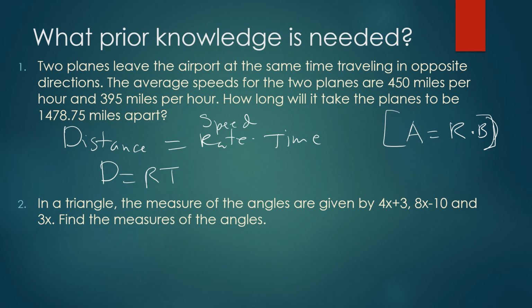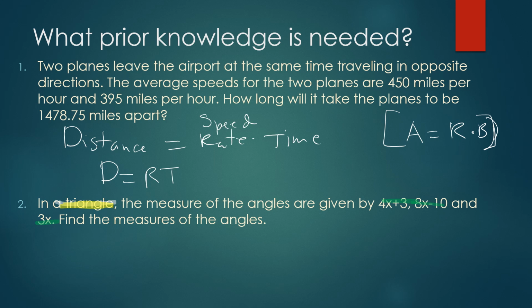In the last problem, in a triangle, the measures of the angles are given by 4x plus 3, 8x minus 10, and 3x. Find the measure of the angles. What do we need to know about this prior knowledge? Here, we know that we're given a triangle. And we're given three measurements: 1, 2, and 3.